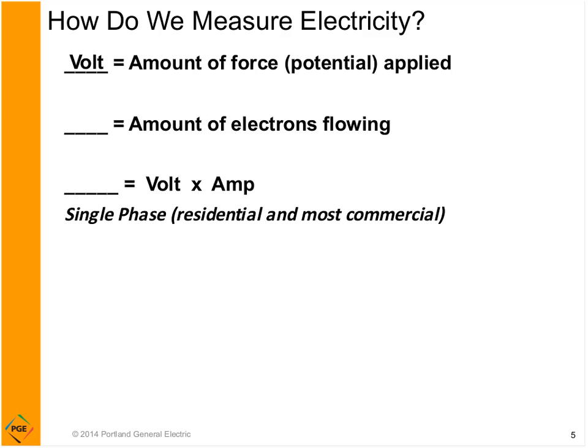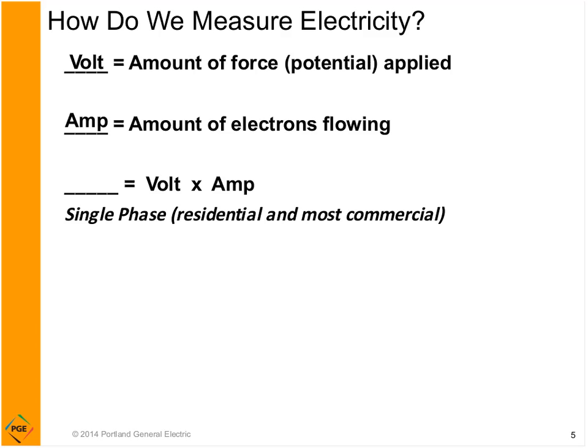Also at home, if you want to move a whole lot of water from one place to another, or you've got a whole lot of sprinklers in your system, you're going to need a larger pipe. The size of the pipe allows the amount of water flowing through it to be higher. And on the electricity side, larger wires carry a larger amount of electrons, and that's the mighty amp. So you might see or hear the term amp in discussions about the systems you have at your office or work.